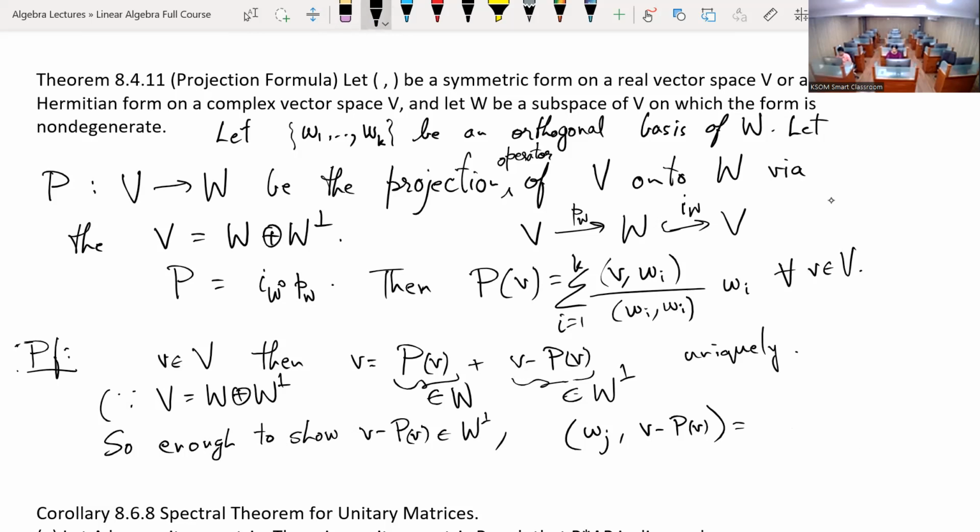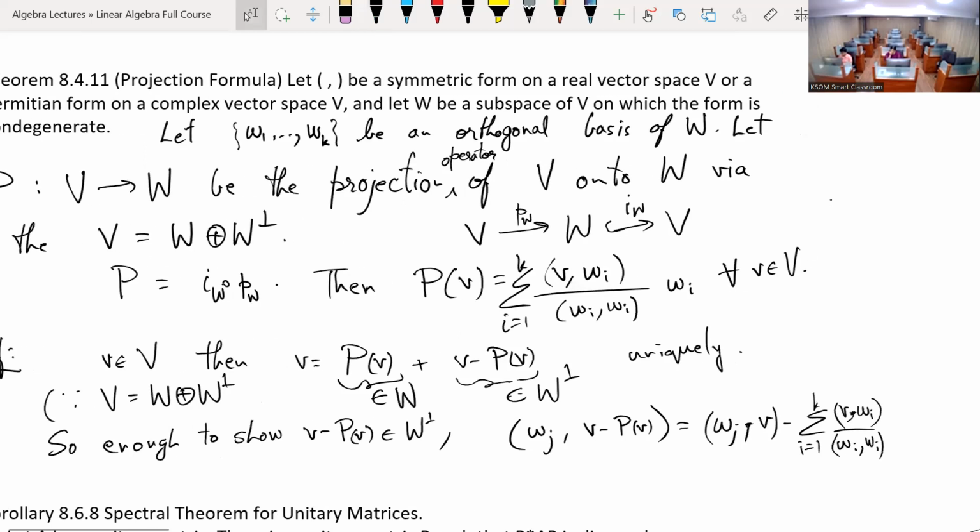So it is Wj comma V minus the sum of Wj comma PV. So I can write it this way: V minus V comma Wi over Wi comma Wi, sum over i equals 1 to k, and then the inner product is with Wj comma Wi.